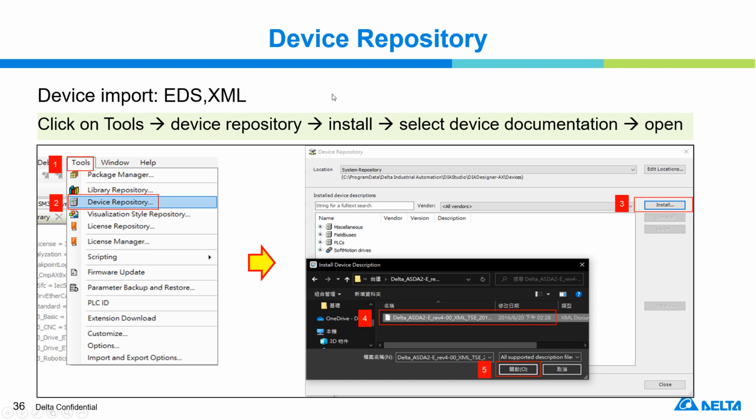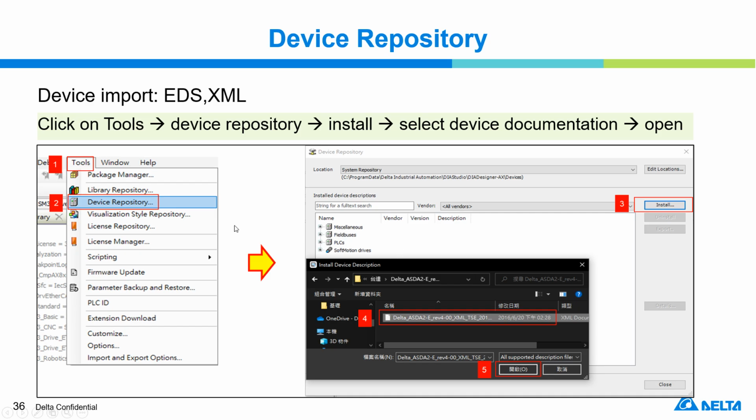Next one is the device repository, because sometimes if you use our Delta AX controller to connect a third-party servo or driver, then you need to import the EDS file or XML file.